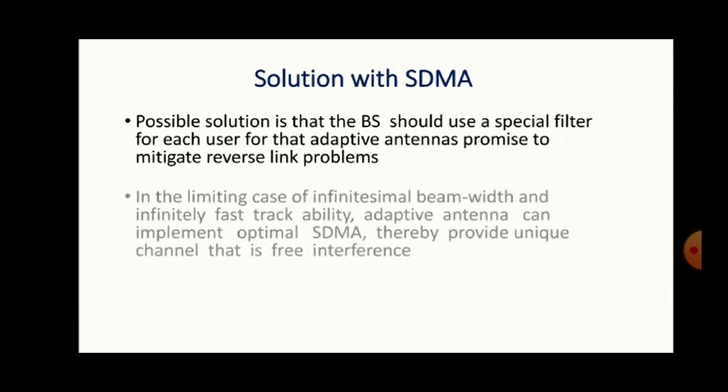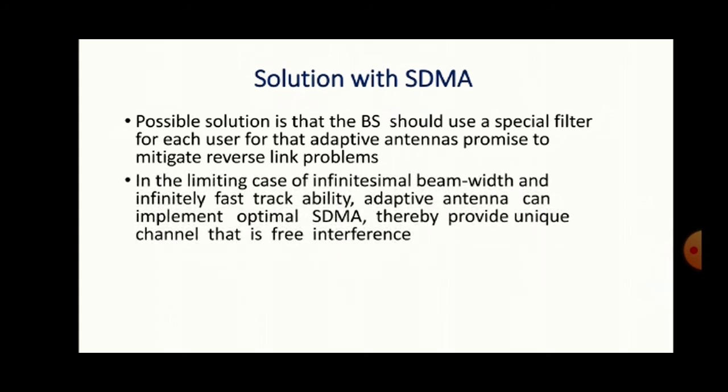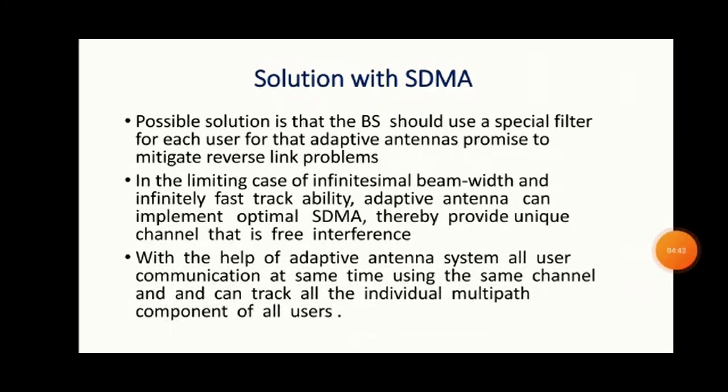In the limiting case of infinitesimal beam width and infinitely fast tracking ability, adaptive antennas can implement optimal SDMA. They provide a unique channel that is free of interference. With the help of the adaptive antenna system, users communicate at the same time using the same channel, and all the individual multipath components of all users can be tracked.